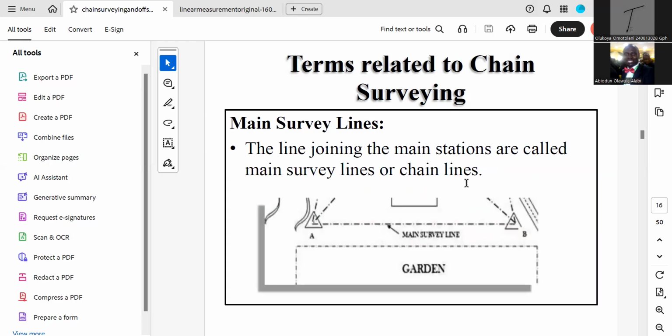So main survey lines: the lines joining the main stations are called main survey lines or chain lines. As you can see, can you see the triangle symbol for the main stations? These are the main survey stations, so the line joining them is the main survey lines or chain lines.